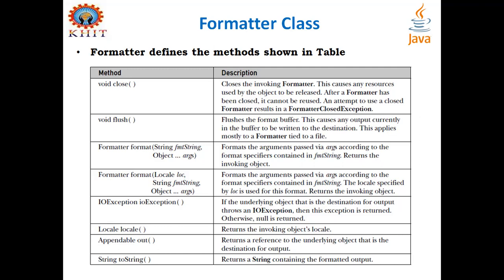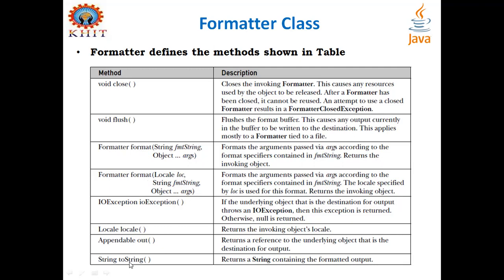In files also, we use this flushing, and in C and C++ for arrays to initialize or refresh memory, like that. The same way here also, there is format, with a String and other object arguments and Locale values as arguments, throwing IOException. These are the different methods.